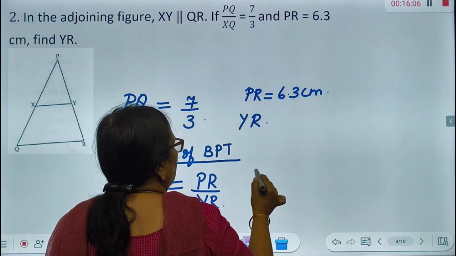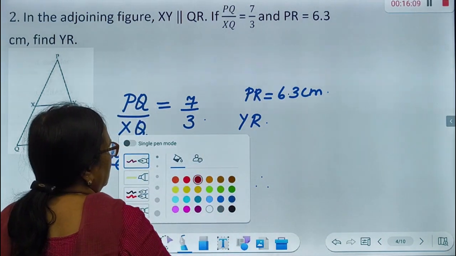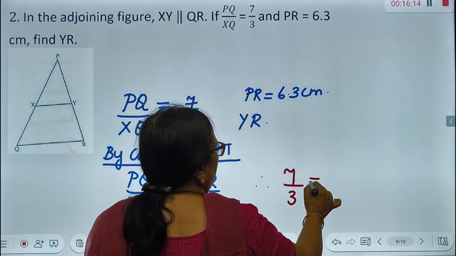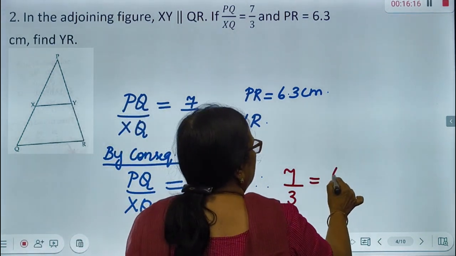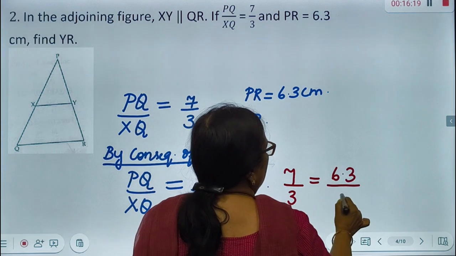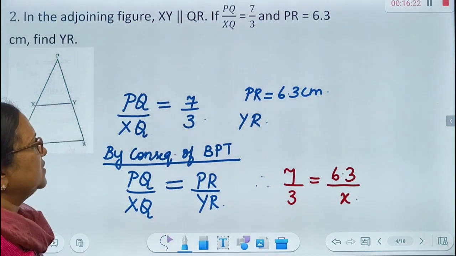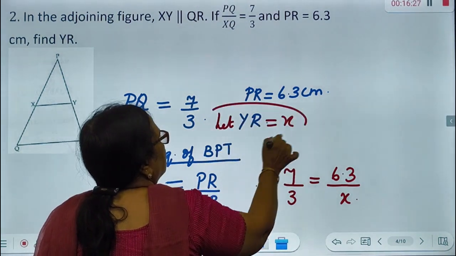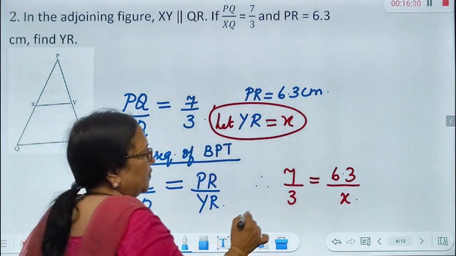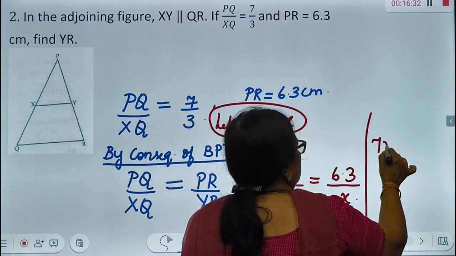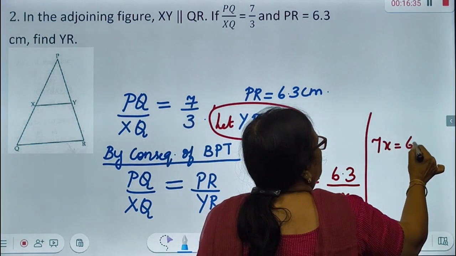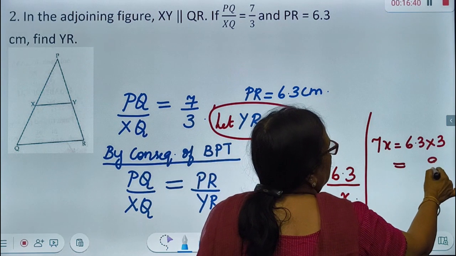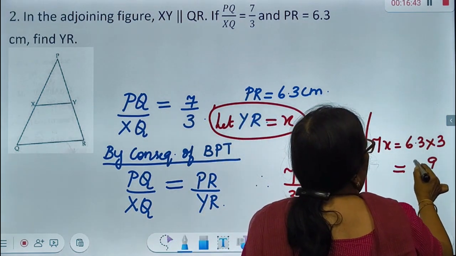Therefore, now what is PQ by XQ? 7 by 3. 7 by 3 is equal to PR, which is 6.3, by YR. YR is what we need to find. We'll keep it as x. Let YR be x. Therefore, 7x is equal to 6.3 into 3, which is 18.9.